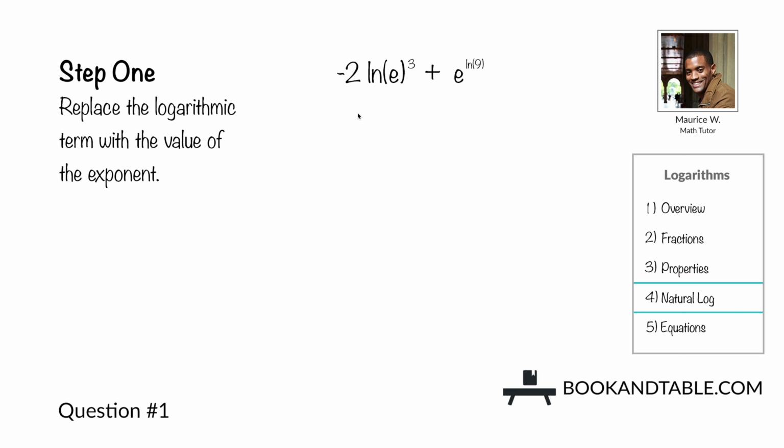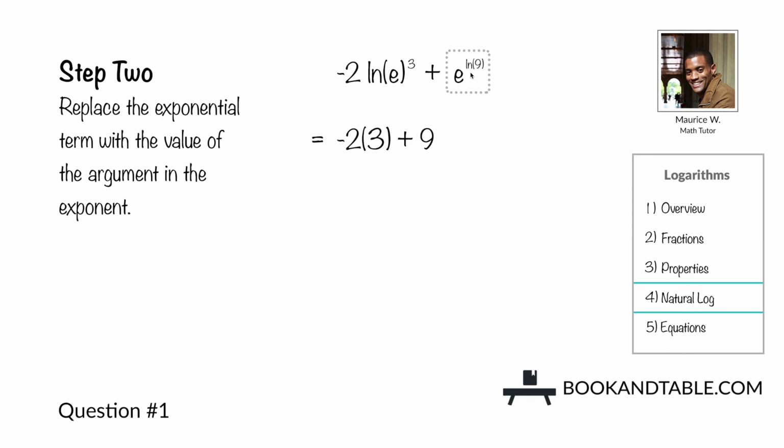Question number 1, we want to simplify -2 times the natural log of e to a power of 3 plus e raised to a power of the natural log of 9. So step 1, replace this logarithmic term here with the value of the exponent 3. That would leave us with -2 times 3. And now the second term, e to a power of a natural log of 9. We want to replace the exponential term with the value of the argument, which is 9.